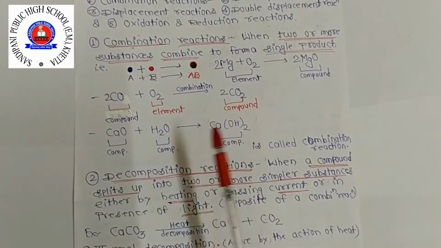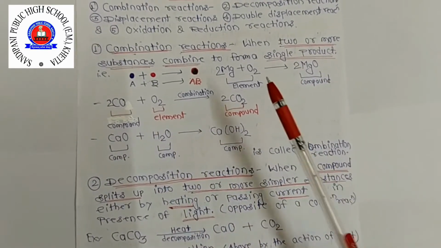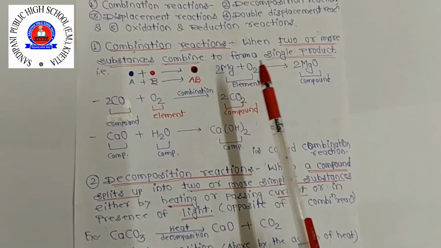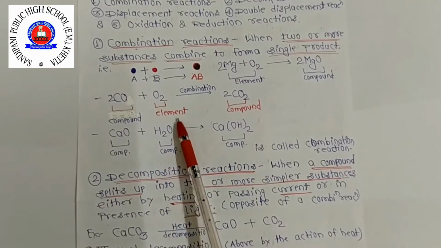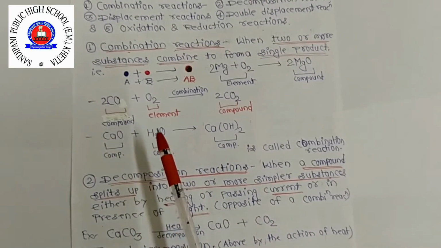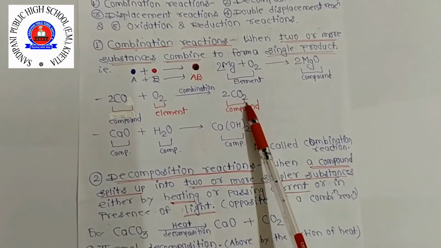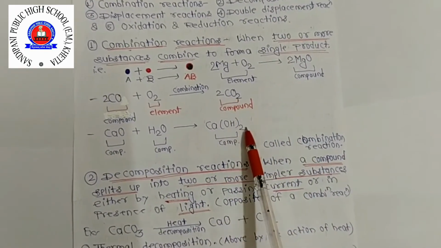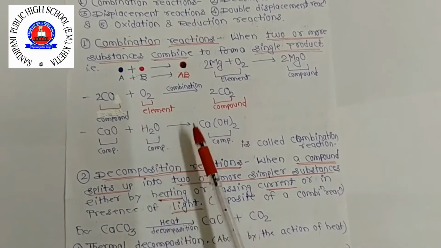So this kind of reaction is called the combination reaction. Listen here, in the reactants, elements can react, a compound and an element can react, and two different compounds can react. But in the product we always get a compound. This kind of reaction is called the combination reaction.